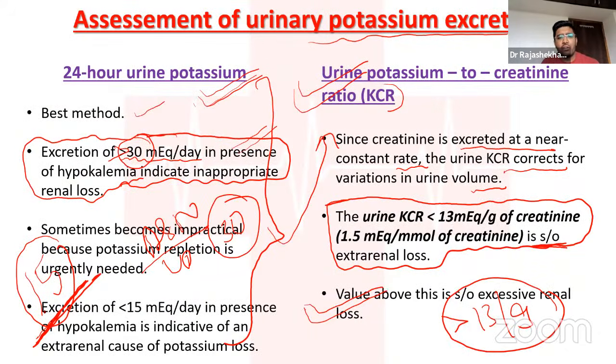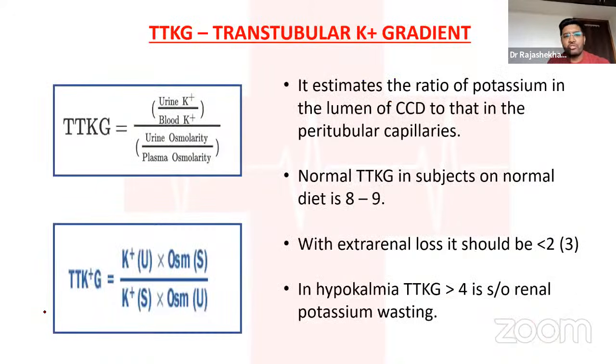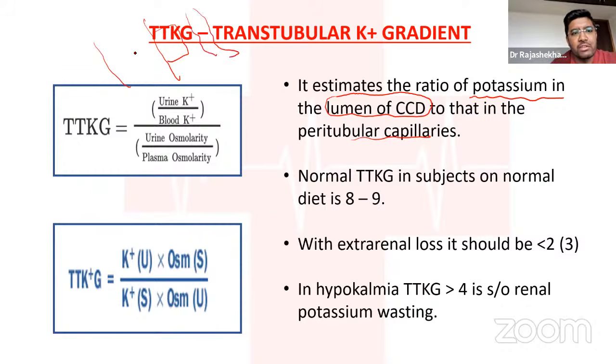There is another thing you can measure to avoid the 24-hour urine potassium measurement, the transtubular potassium gradient. This is the ratio of the potassium you measure in the lumen of the CCD versus the peritubular capillaries. If this is the lumen, and there is a collecting duct and the peritubular capillaries, you are basically measuring the gradient between the amount of potassium in the lumen and the amount of potassium in the blood or peritubular capillaries.